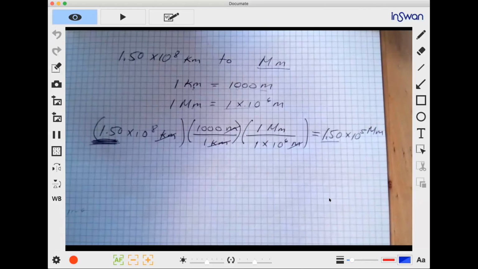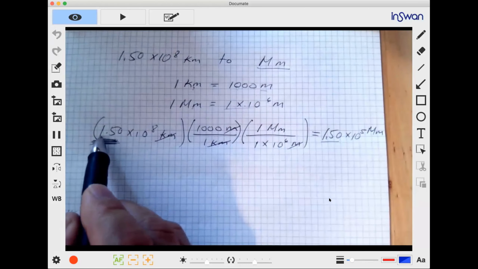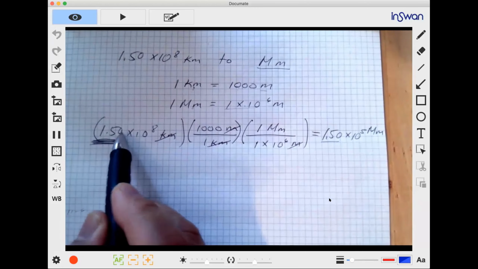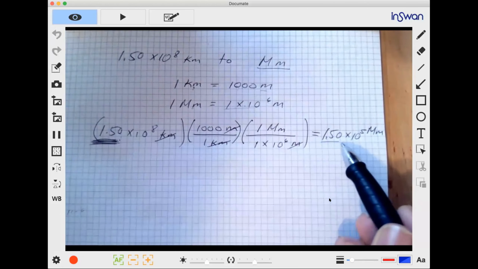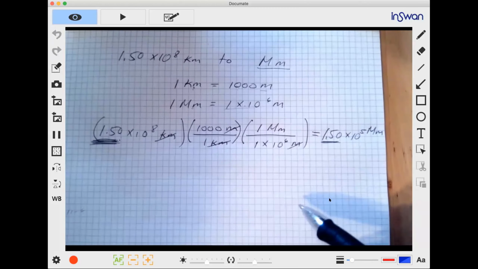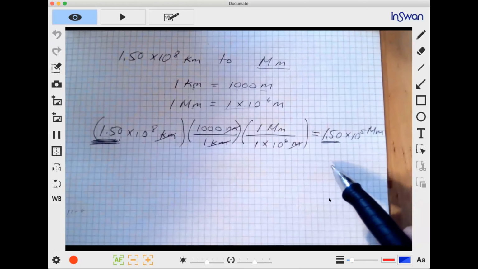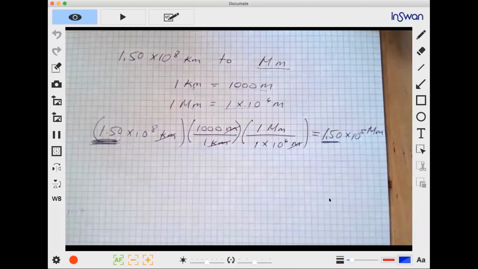There's a 0, but it's after a decimal point and to the right of a non-zero, so it counts. So I'll save you the time, and this has 3 significant digits. That 0 counts. So this has to be written exactly the same way, 1.50 times 10 to the 5th. And the units are megameters.